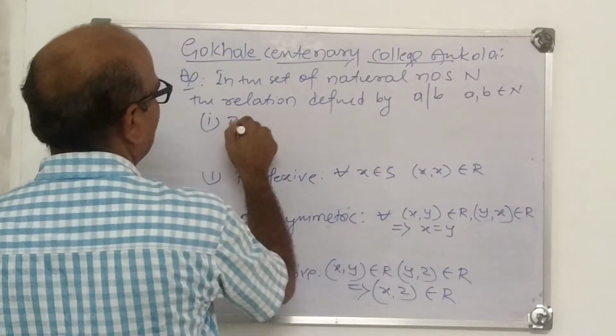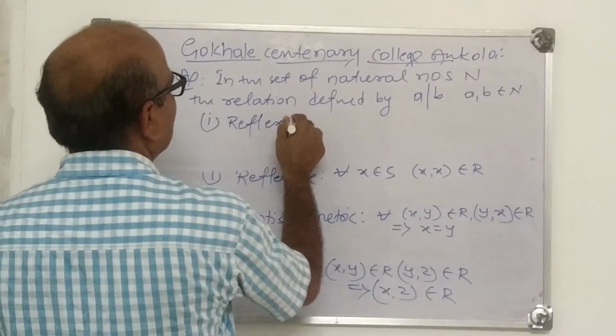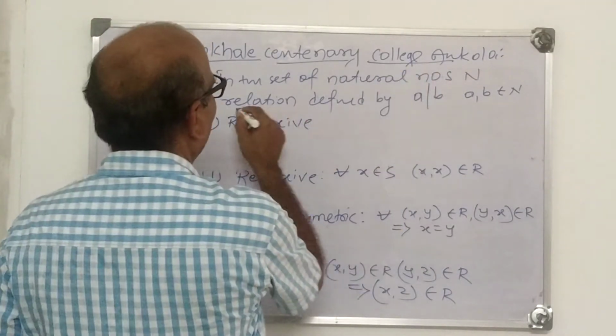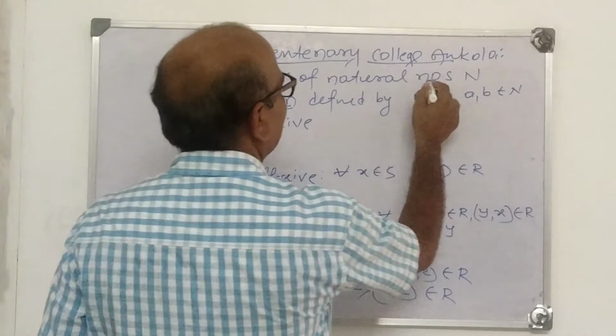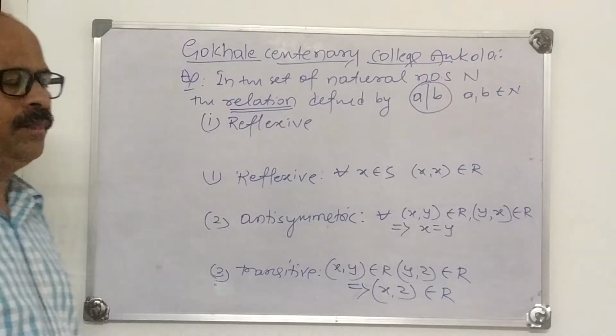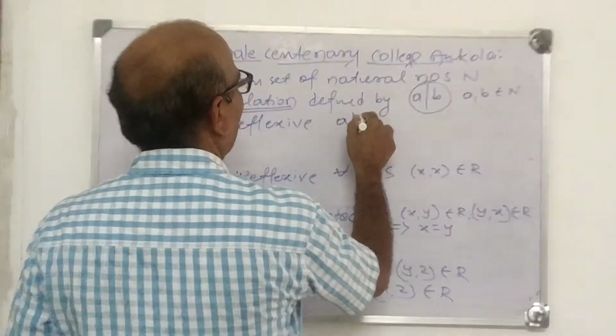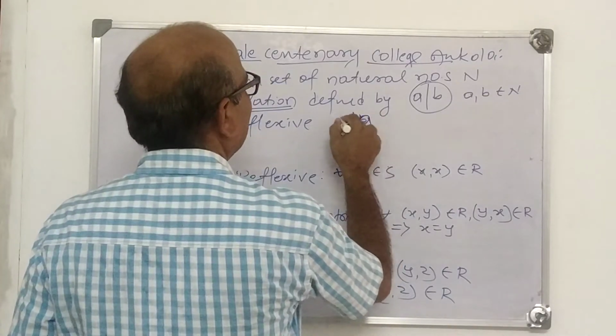Why is it reflexive? The non-empty set is the set of naturals. What is the relation here? It is defined by A divides B. Then it is reflexive because A divides A always. A divides A is true.